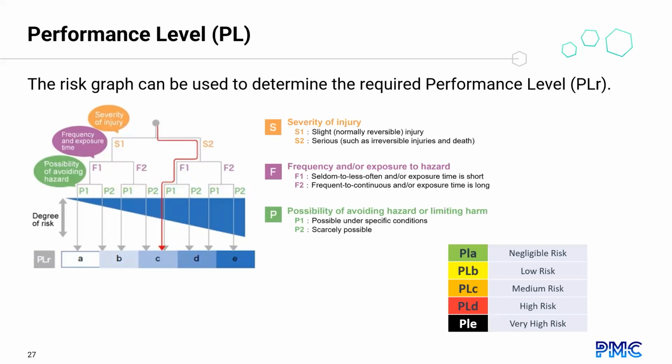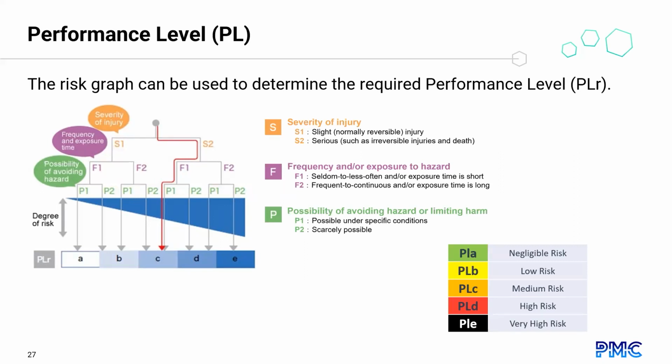So the operator is exposed to the hazard daily, hourly, or even constantly. For possibility of avoiding, we have levels P1 and P2. P1 would be something possible to avoid, or possible to avoid under specific conditions. P2 would be something impossible to avoid.